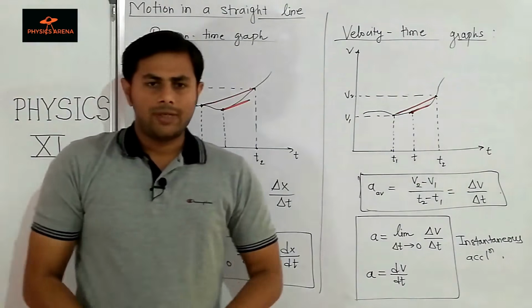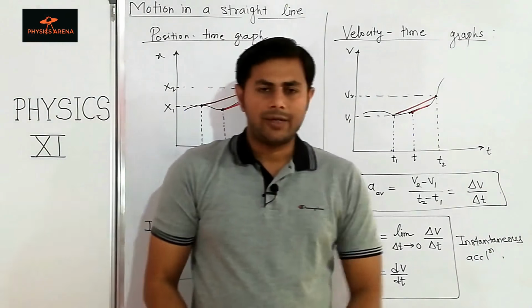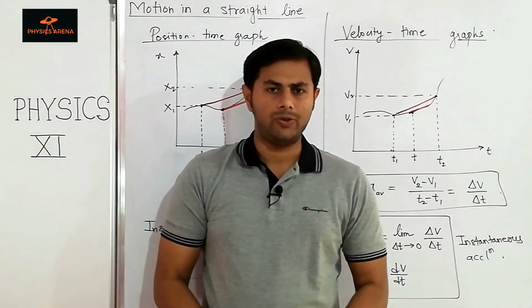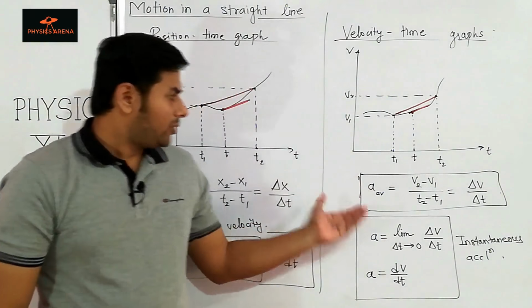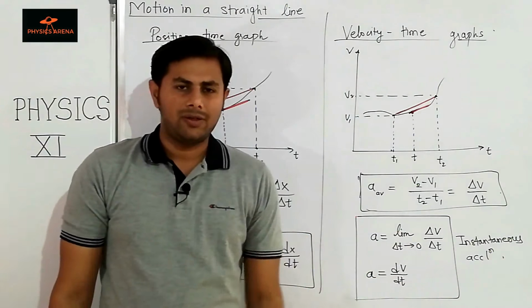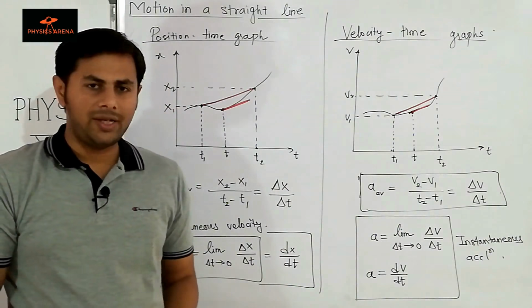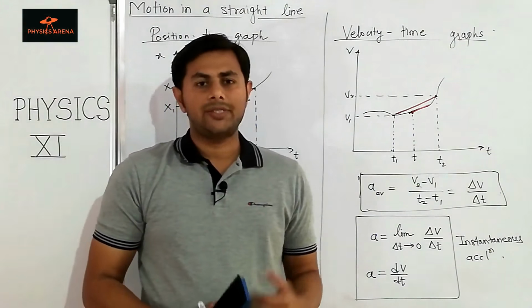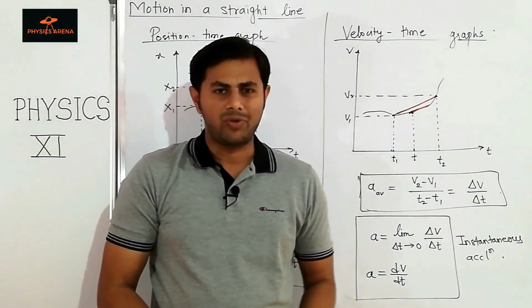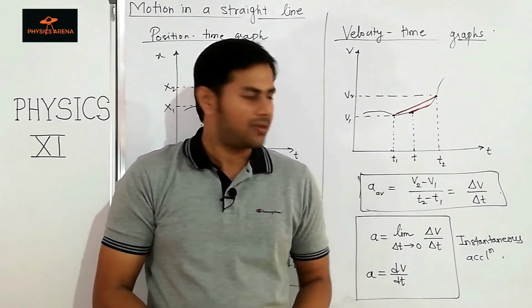Good. So now these velocity versus time graphs are more useful than you might think. We found that slope gives us something. Now, if we try to find the area under the curve or area under those graphs, we'll get some more information. So let us see what kind of information we get from area.